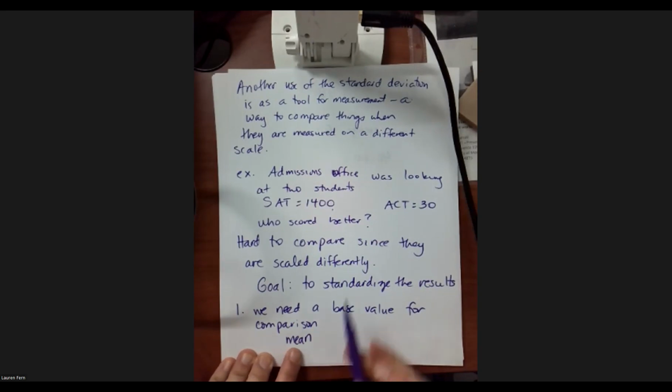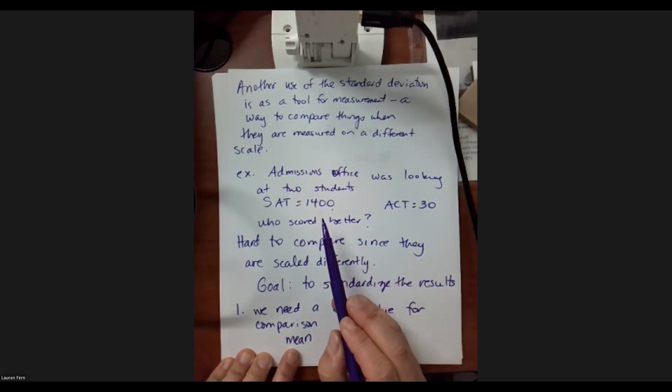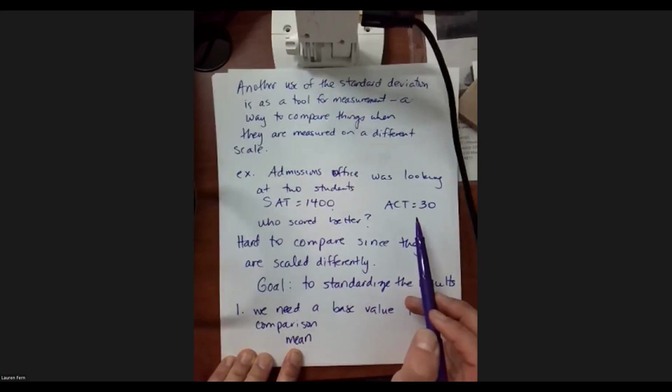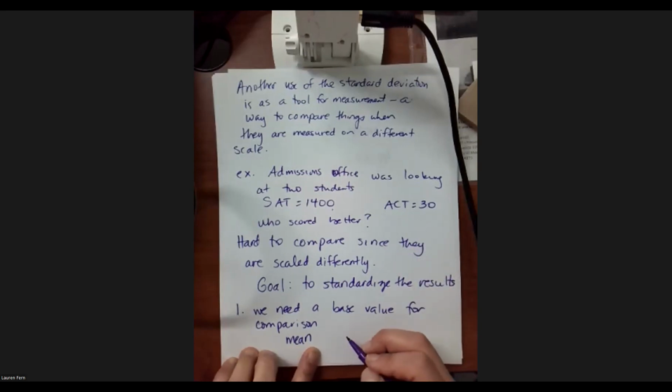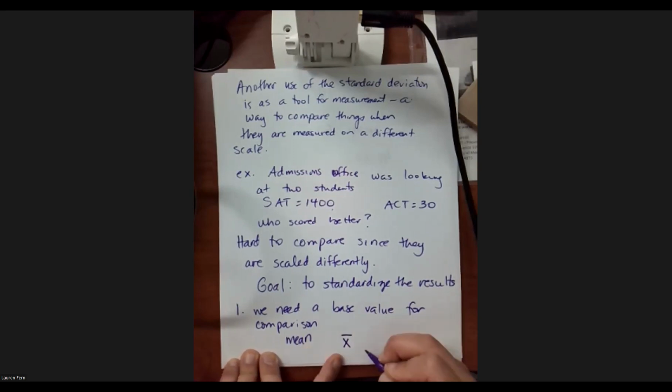Okay. So in other words, the first thing we're going to do is say, well, how good of a score is this SAT? Well, let's compare it to the average of all the people who took the SAT, and similarly of all the people who took the ACT. Now, there's two common notations that you see for the mean. One of them that we've come across is X bar.